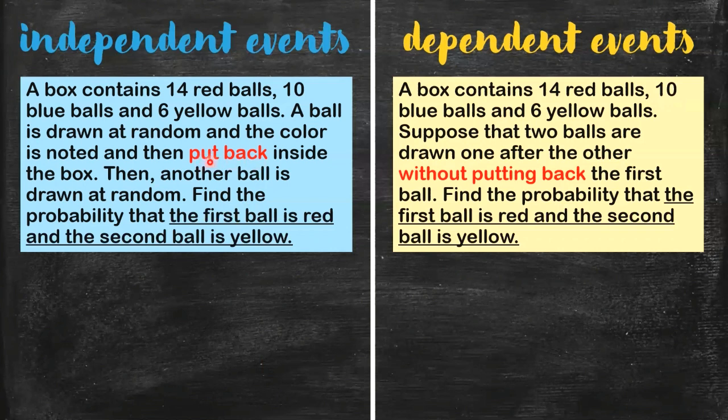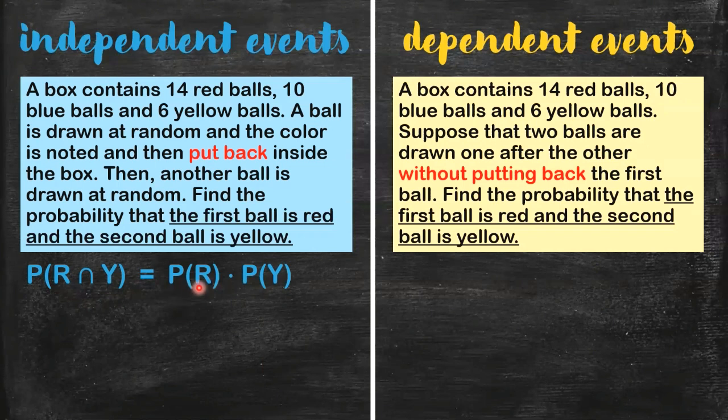Because may keywords tayo dito. Ayan o, put back. Okay? So we can easily get the probability of R intersection Y. So I used R and Y. R for red, Y for yellow. Okay? So since these two events are independent, this is just equal to the product of their probabilities.